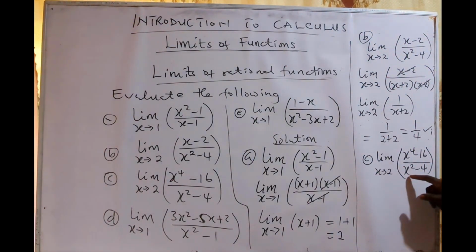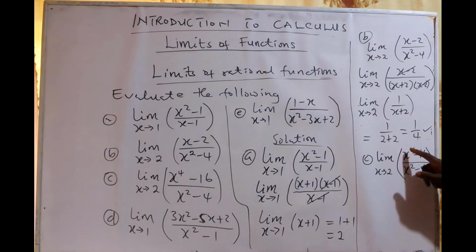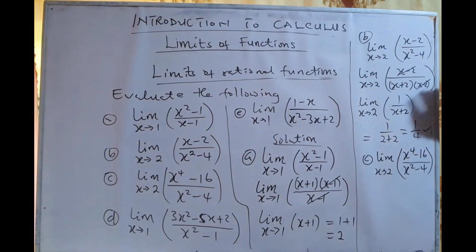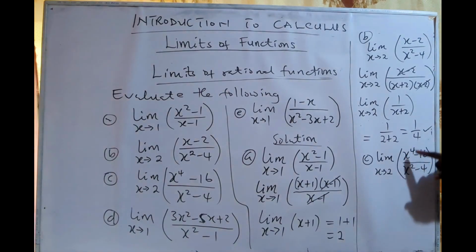Here is minus, and this is 16. It's a perfect square. So s exponent 4 minus 16 can be the same as (s squared plus 4)(s squared minus 4), and that will give me what? When I expand, it will give me s exponent 4 minus 16.